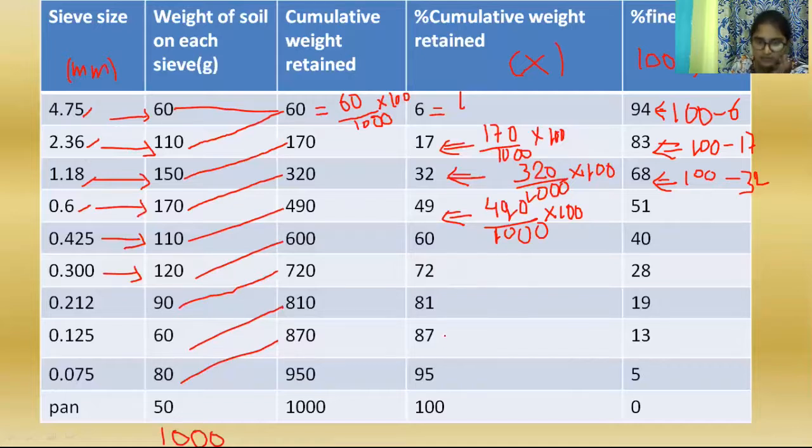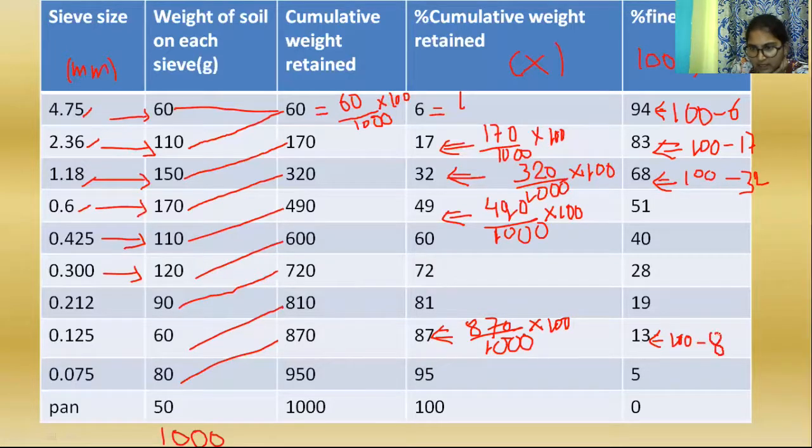Here also, 870 by 1000 into 100 is 87, and 100 minus 87 is 13.